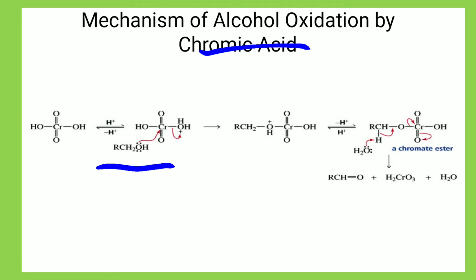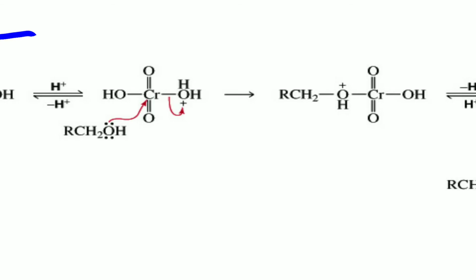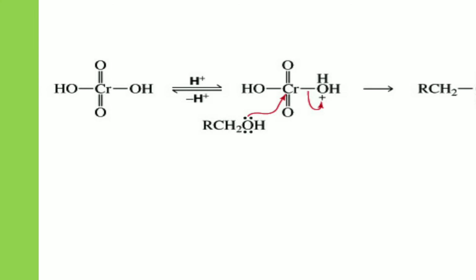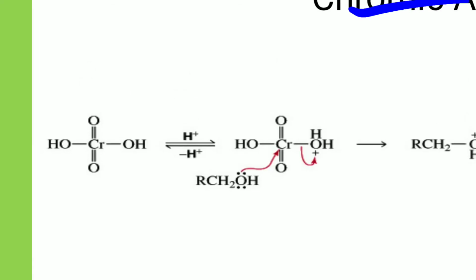What happened? The oxygen of the alcohol has a lone pair which donates its electron to the chromate compound. At the same time, in acidic condition, the lone pair of an oxygen of the chromate abstracts the proton and gets converted to a water molecule.